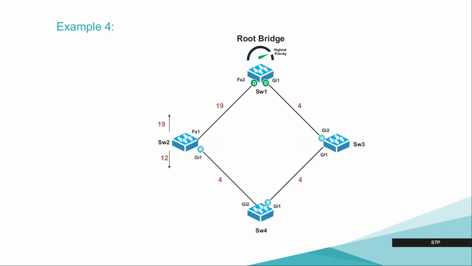As you can see in our example, this is the highest path cost interface. It has a path cost of 19, and all the other interfaces have a path cost less than this. The result will be that interface FastEthernet 0/1 on switch 2 will be the blocked port.